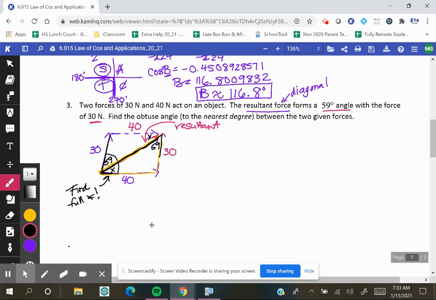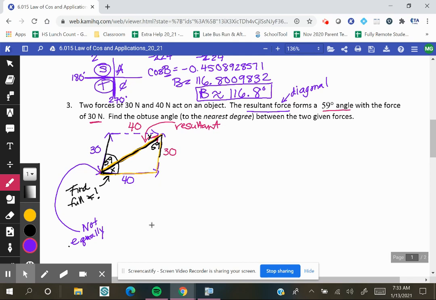You want to also take note here, because this is a very, very common mistake before we actually go ahead and find it, that X is not 59. Those two angles are not equally divided, and the reason you can tell is because your two sides aren't the same. So you didn't create an isosceles triangle here.